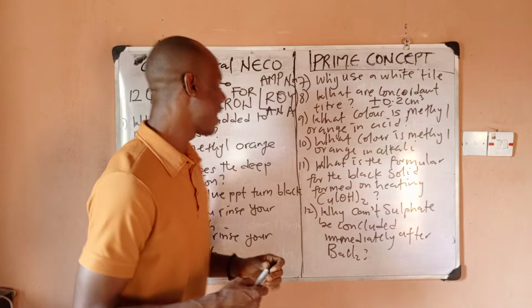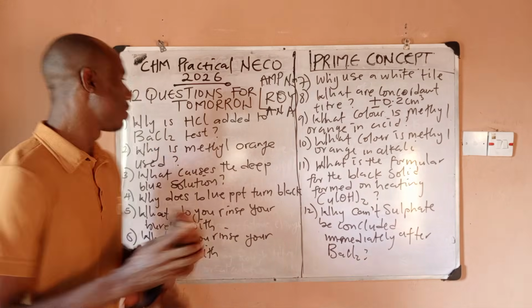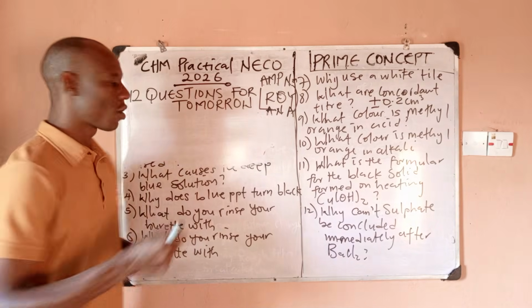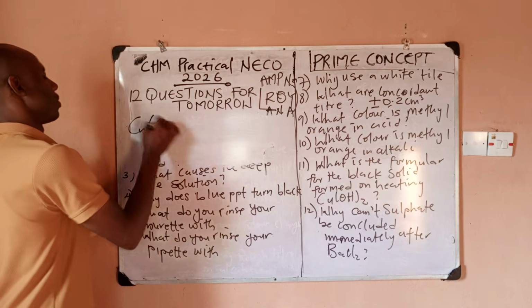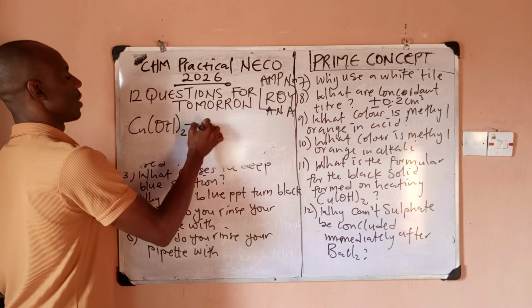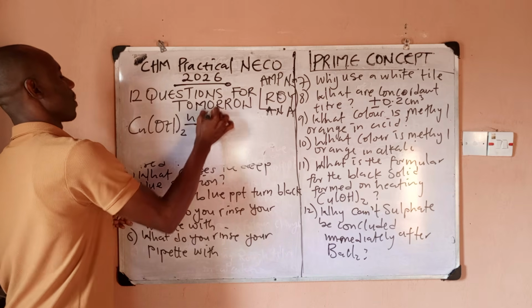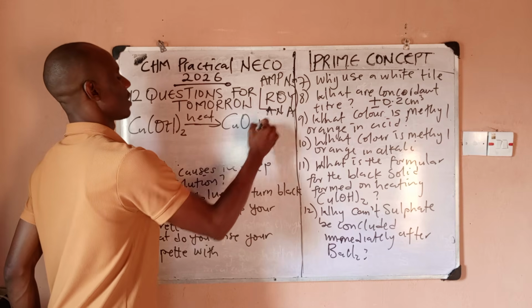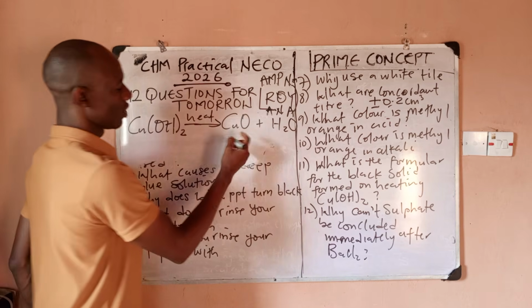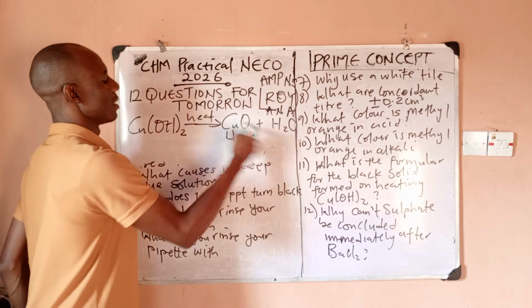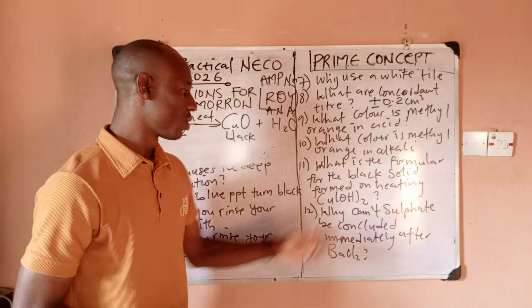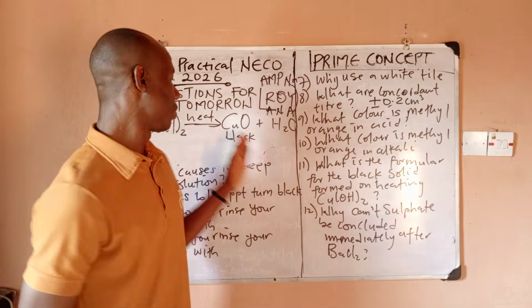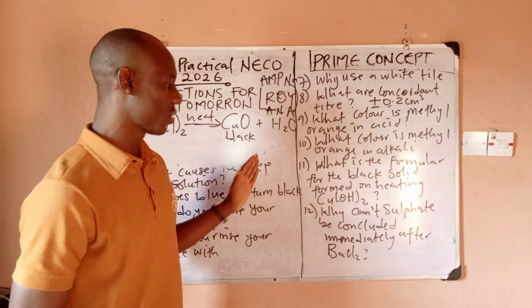When you heat copper hydroxide, Cu(OH)2, it would decompose to give you copper oxide plus water. This is the black solid that is actually formed. So copper hydroxide breaks down to give you copper oxide, CuO, which is a black substance.